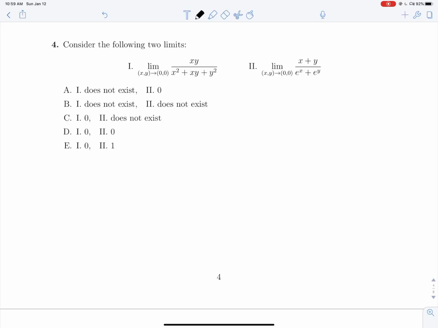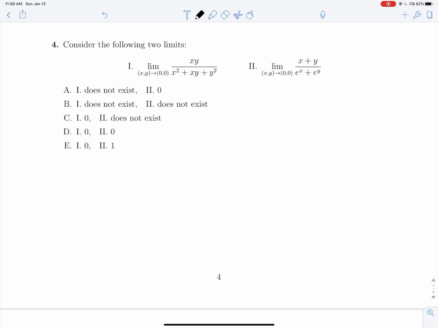And what we'll need to do to prove that the limit does exist is see if we can factor anything out and cancel things to leave us with something nicer. And in this case, we can't. We can't factor out an x or a y because we have terms that don't include x's and y's. So that's no good.